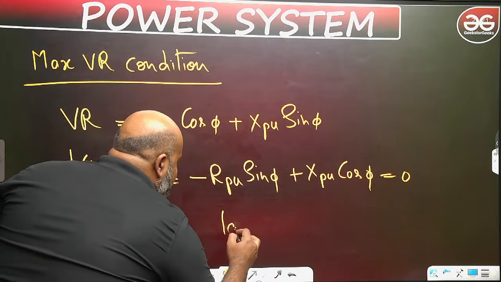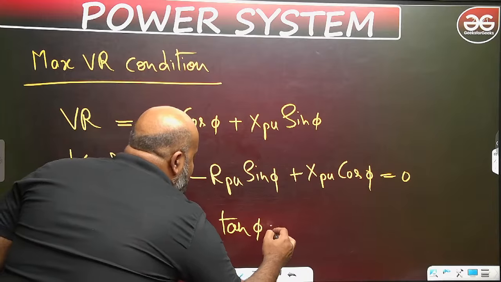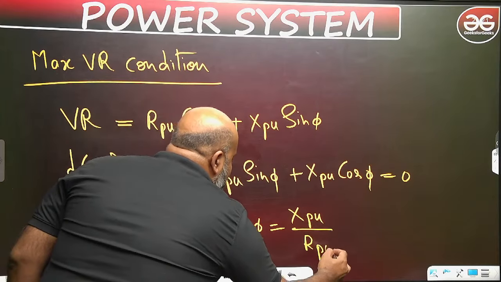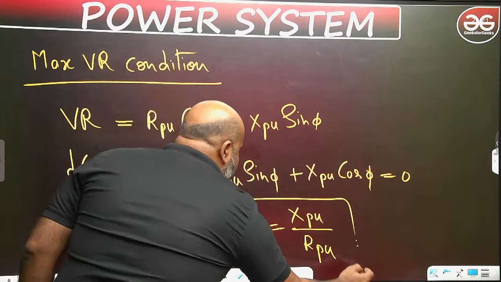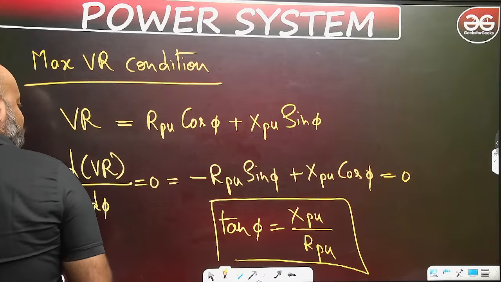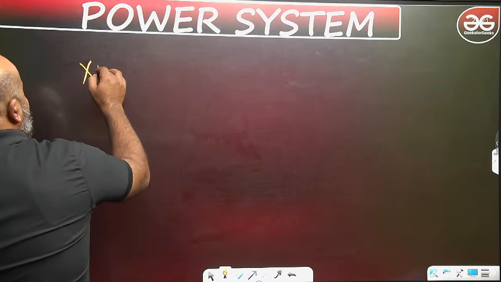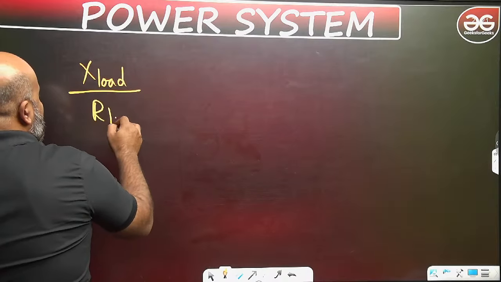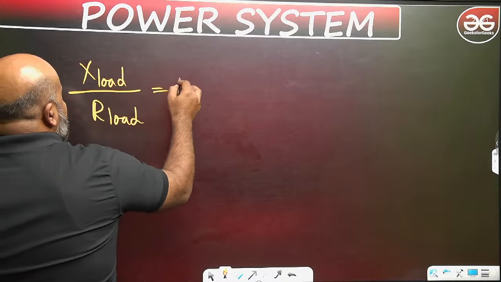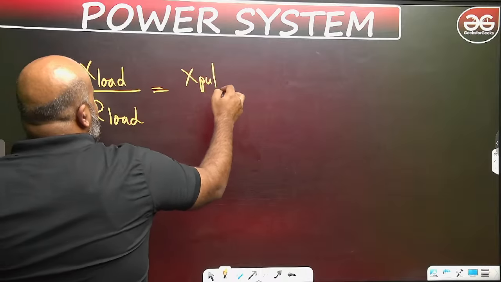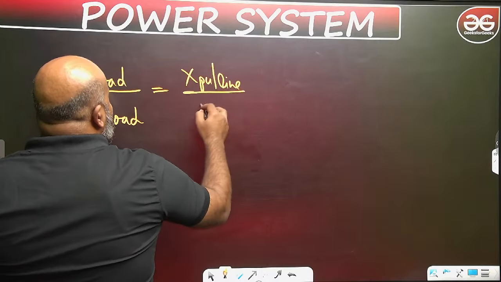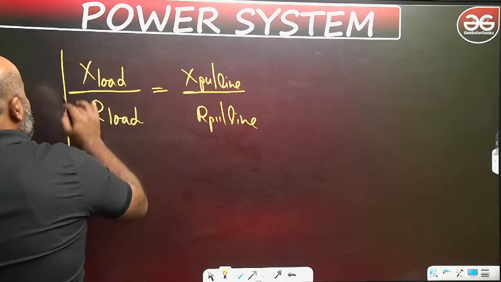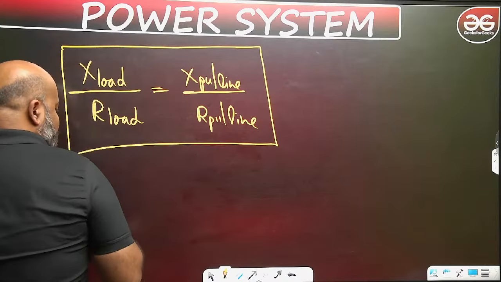So you get tan phi as X per unit upon R per unit. Sir, what is tan phi? Tan phi is X load upon R load, or you can say X per unit upon R per unit, and this is for the line. So this is the condition for maximum voltage regulation.